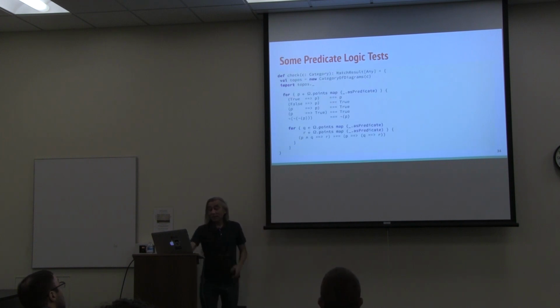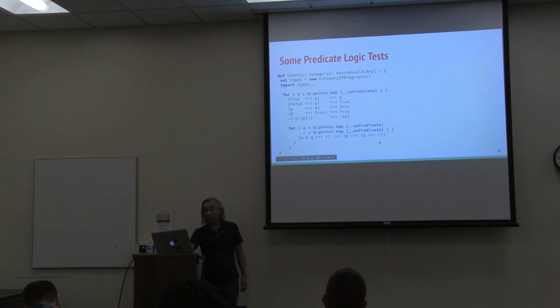So this is what the tests look like for this code. We check that true arrow P is equal to P. And I check it on a bunch of categories that I showed in the beginning. And false arrow anything is always true, and P arrow P is always true, and so on. Triple negation is the same as negation, and all these things.